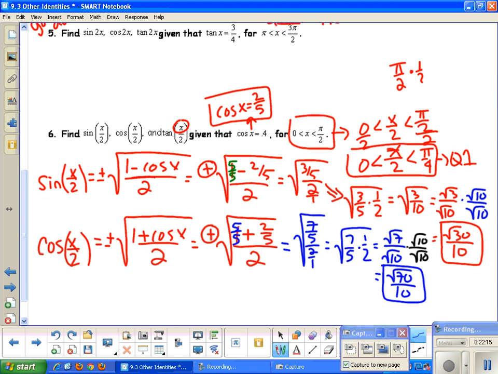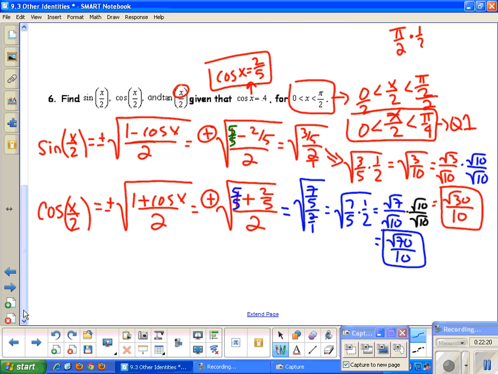So this would be my cosine half angle. Now, the last one I need to figure out is my tangent half angle. Well, if I know sine and cosine, that's easy to figure out because the tangent half angle would be equal to the sine half angle answer over the cosine half angle answer.